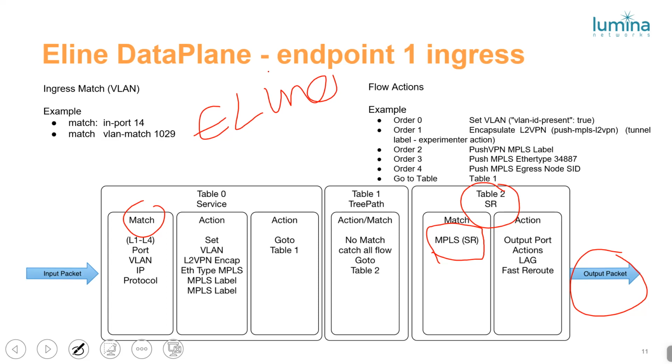Yeah, so in that case, obviously you'll have to program the rules, because you will see your RSVP, you will see LDP, and then you have to replicate all of that.